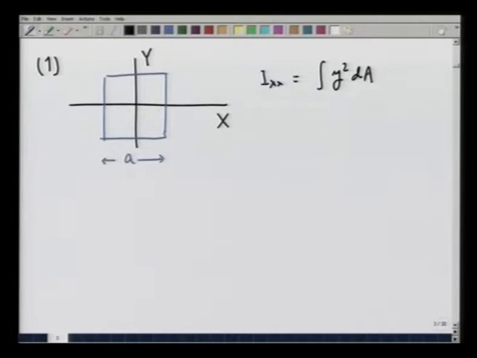To calculate dA, I choose a strip at height y, because for this entire strip the moment of the area is going to be the same.